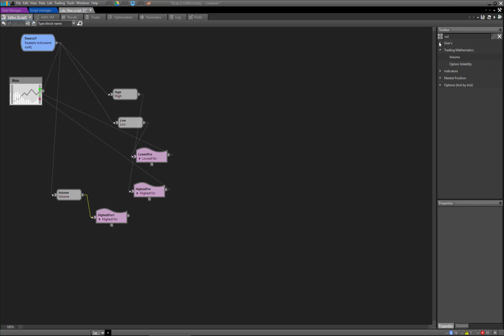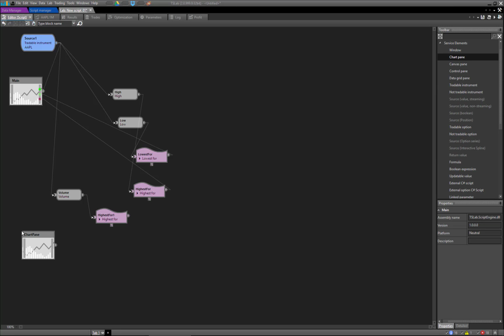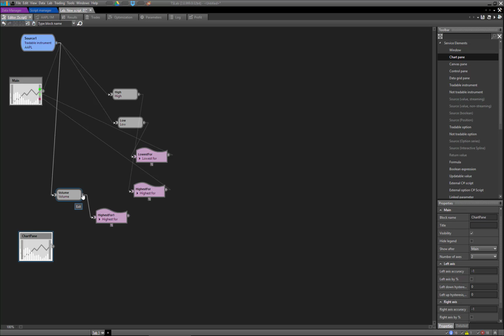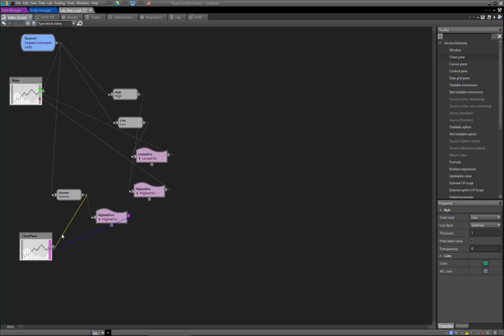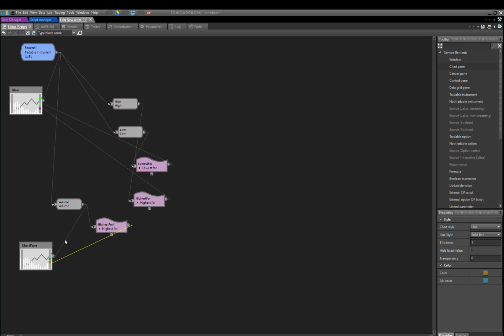To make it more convenient, we can add one more pane and connect it to the volume block. It can look like a histogram. And high, which is based on volume.